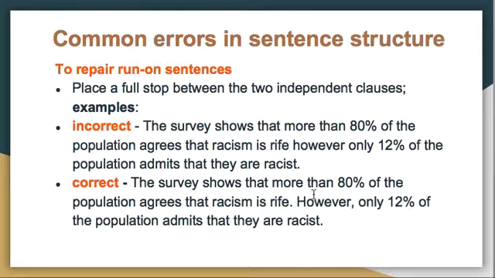What is missing is a proper full stop: the survey shows that more than 80% of the population agrees that racism is rife, period. This is a complete sentence. The other independent clause, however, only 12% of the population admits that they are racist, is a separate sentence. Students make this mistake a lot in their writing, so be aware and avoid it.